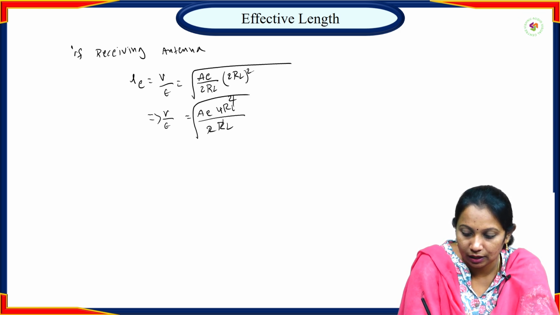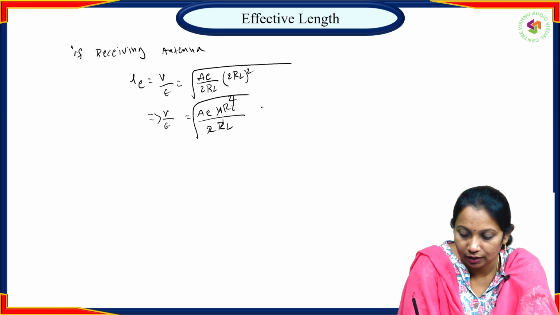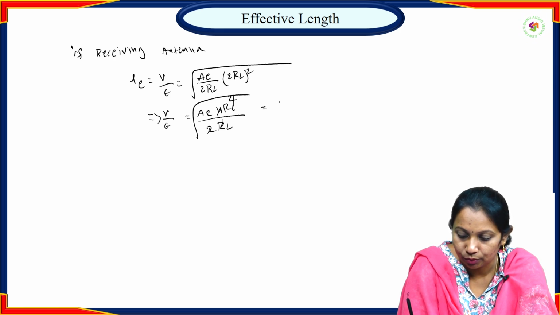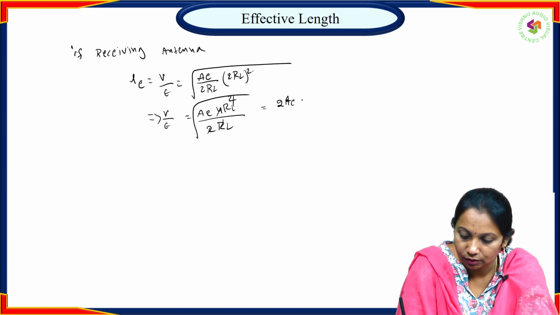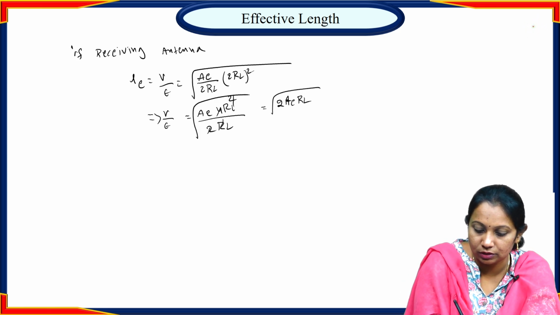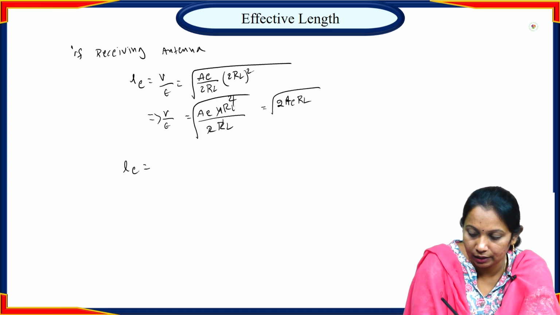This one cancels, so I can write it as root of 2AE into RL under root. So this is what LE is equal to.